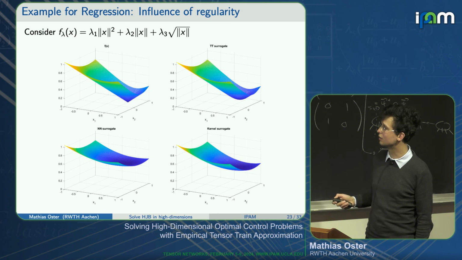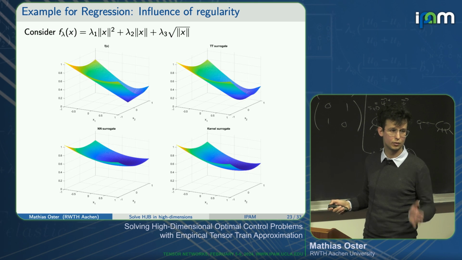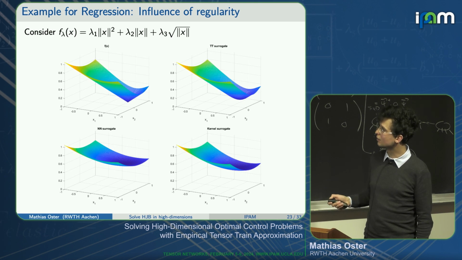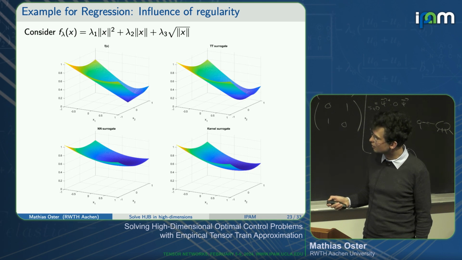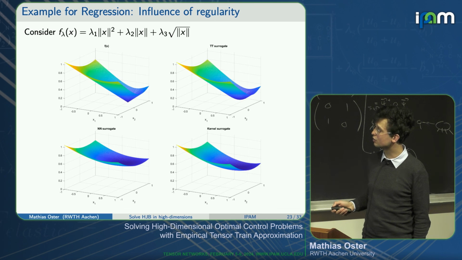Here is the real function. This is just the norm. And you can see that the TT actually finds it quite nicely. It is exact up to the point, you can see the shape, and the NN and the kernel surrogate do a very bad job here. But again, you can maybe train it better.